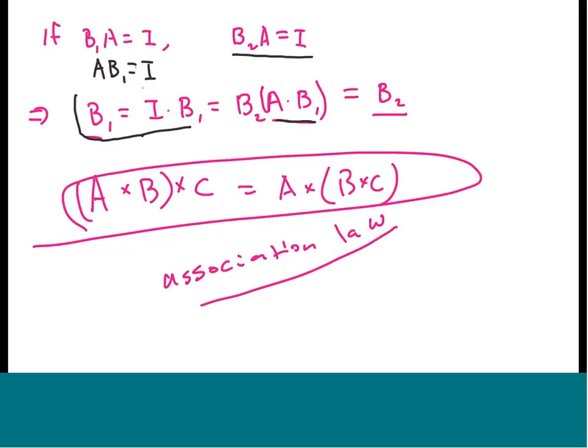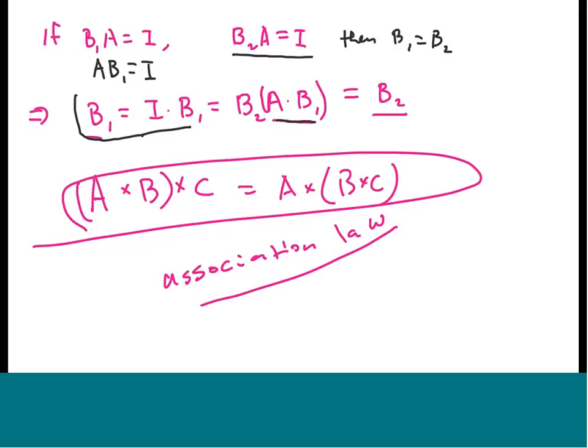This could be confusing. Are you lost? So here's the statement: if B1A equals I and B2A equals I, then B1 equals B2.